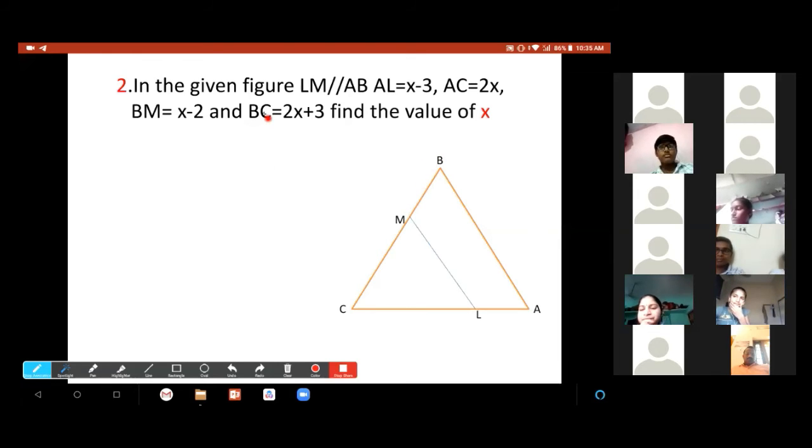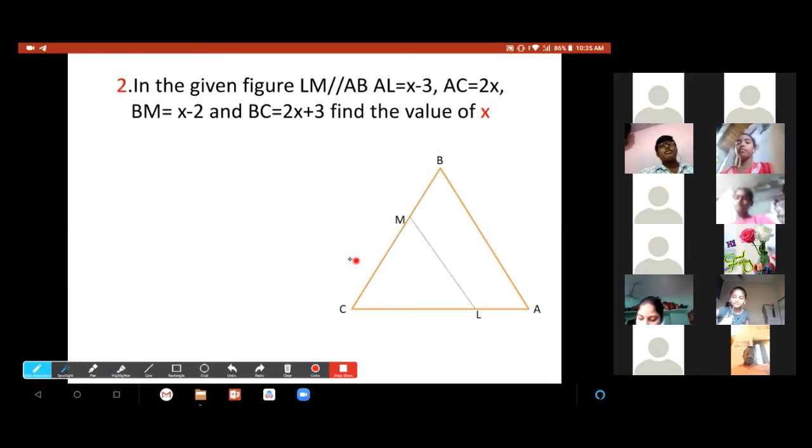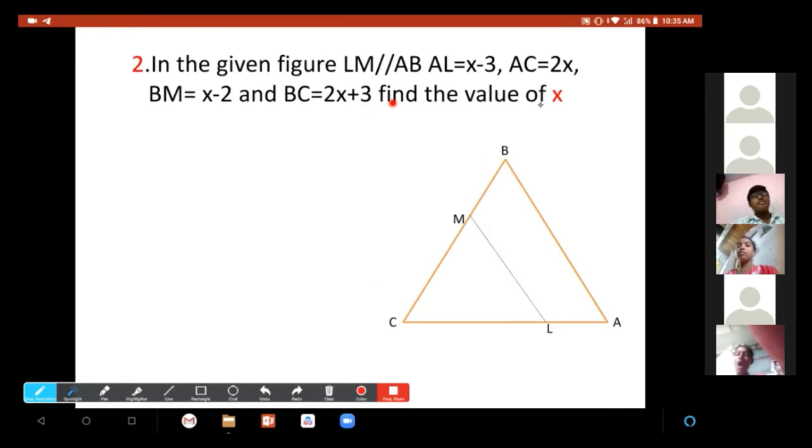And BC, the entire second side, is given as 2x plus 3. Find the value of x. This is the question: in triangle ABC, LM is parallel to AB. The AL, AC, BM and BC values are given, so we have to find the x value.